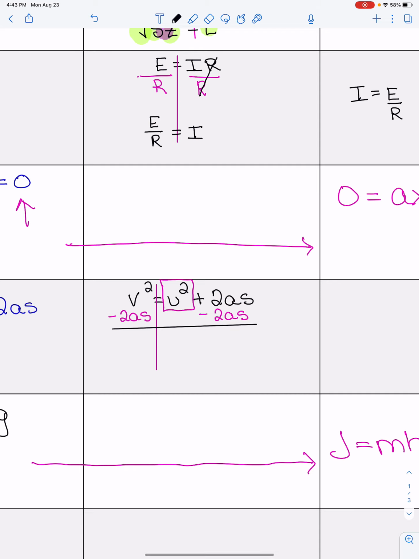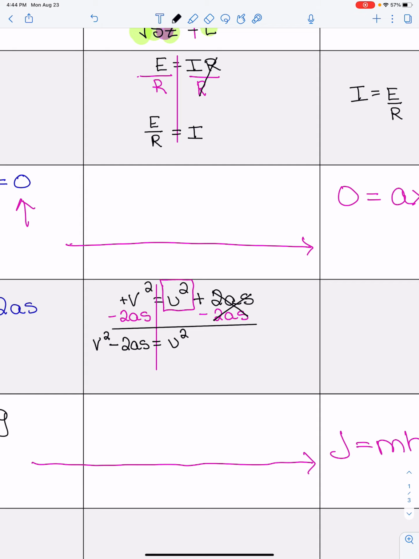All right. Now, on the left side, they are not the same. They are not both V squared, or they don't both have an AS. So these two here can remain neighbors, but they cannot be combined. So I'm going to have V squared minus 2AS, or you could have negative 2AS plus V squared, because there really is a positive there, is equal to U squared. And 2AS minus 2AS, that cancels to 0.